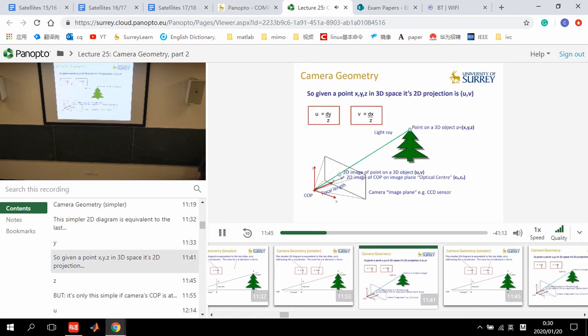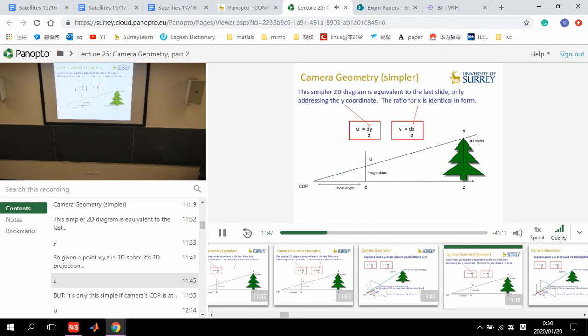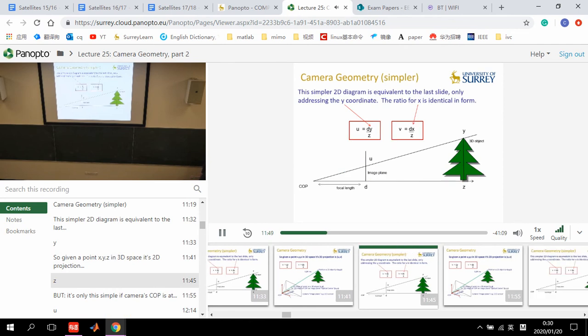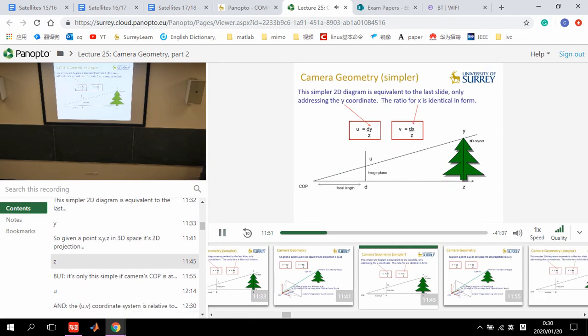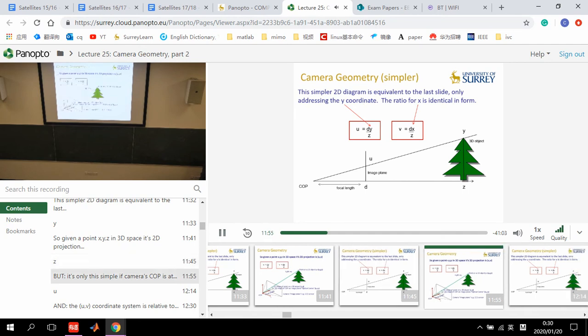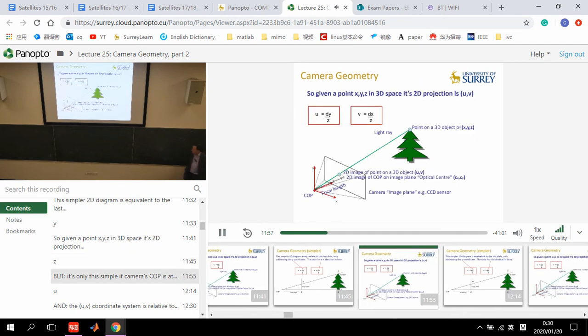And in that previous diagram, we made the simplifying assumption that the center of projection of the camera was at the origin of the three-dimensional space that we're talking about. In other words, that the camera's focal point, or COP, was at the origin of the world, at position 0, 0, 0 in the world, and that the camera was oriented such that the z-axis of the world was aligned to its optical axis.